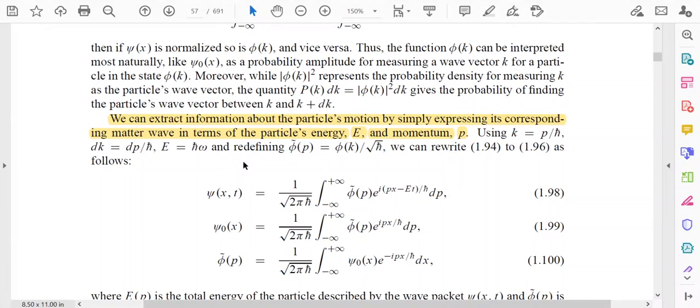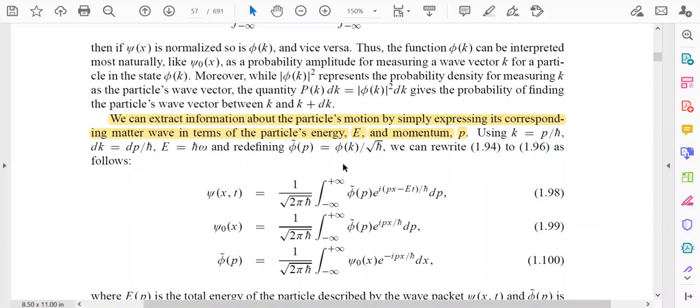For that purpose, we have to use some relations. We know that p is equal to h cut k, or k is equal to p by h cut, so dk is equal to dp by h cut. We also know that E is equal to h cut omega, and we are defining phi k by root over h cut as phi p. So this phi p is actually the momentum amplitude.